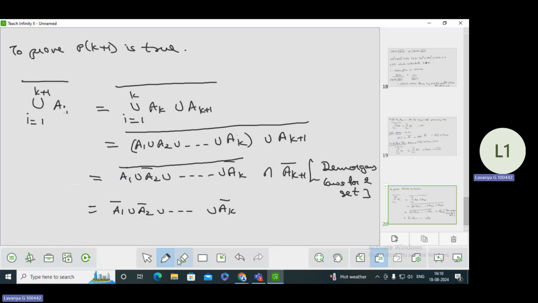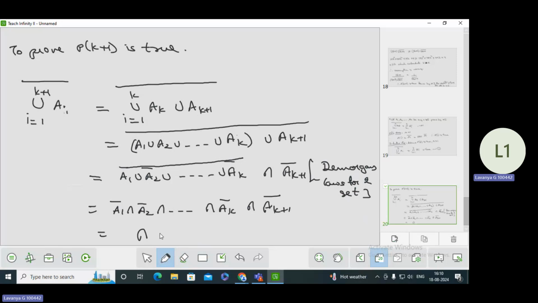When you break this, the union becomes intersection because you keep applying De Morgan's law again and again. Now you have A1, A2, etc., Ak. You consider A1, A2, etc., A k minus 1 and Ak separately. So you get A1 bar intersection A2 bar intersection etc. intersection Ak bar intersection A k plus 1 bar.